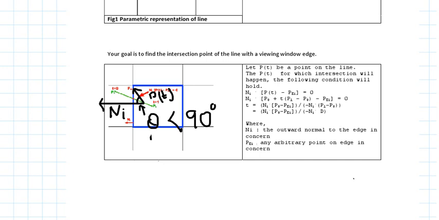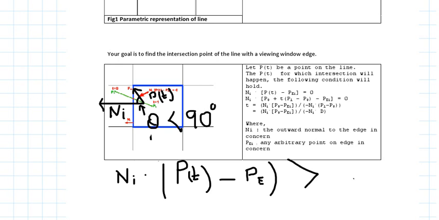Now in this case, what is going to be the value of this dot product as the angle is less than 90 degrees? The value of this dot product is going to be greater than 0, right?